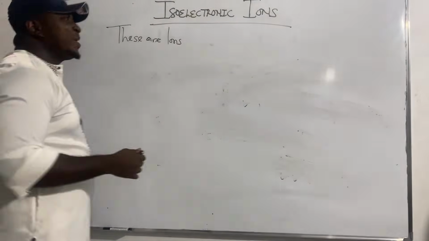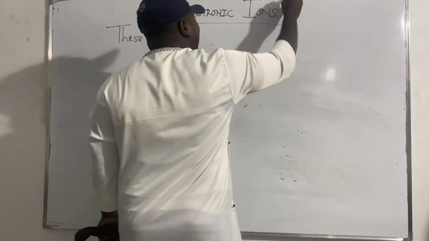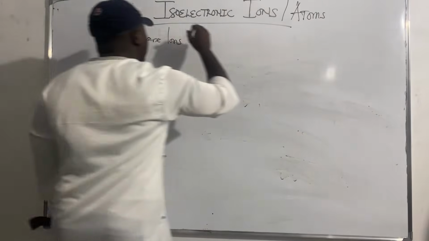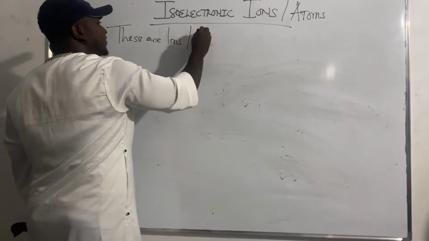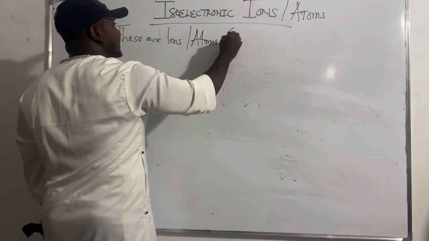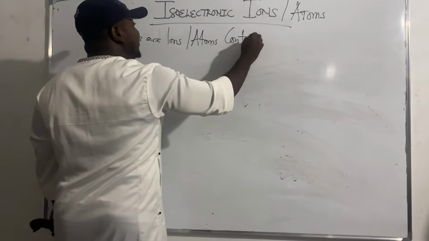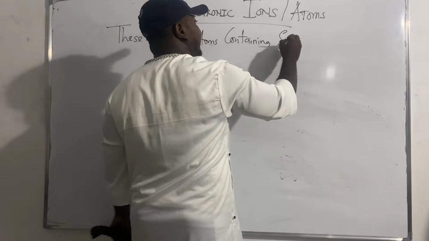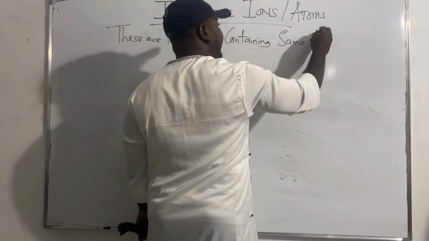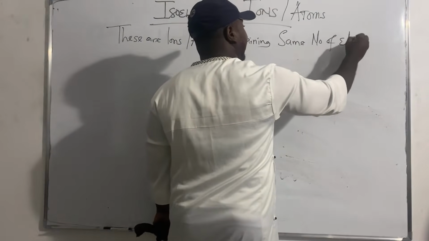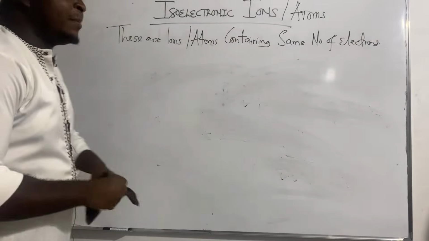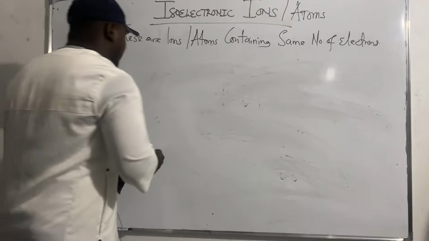Class, they could be ions, they could be atoms. As long as they have the same number of electrons, they are isoelectronic. When ions or atoms contain the same number of electrons, they are called isoelectronic.